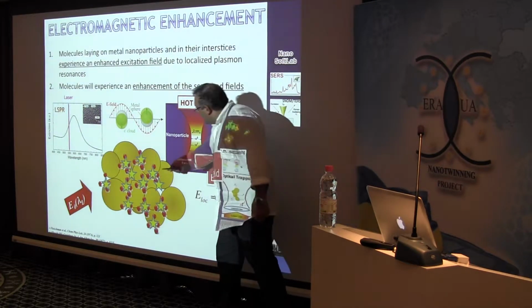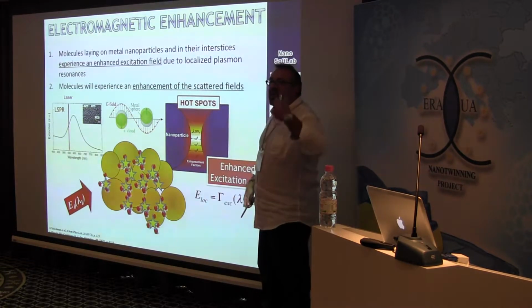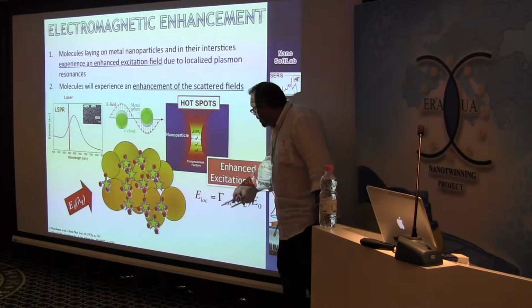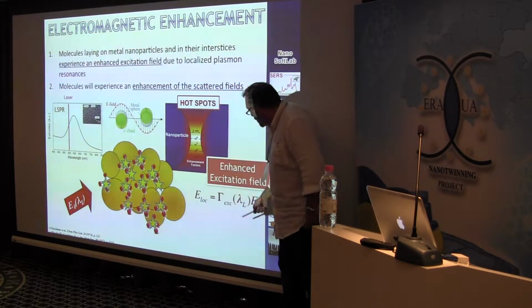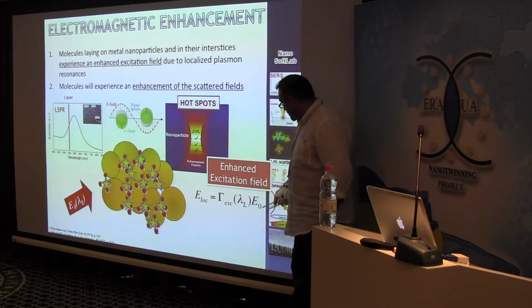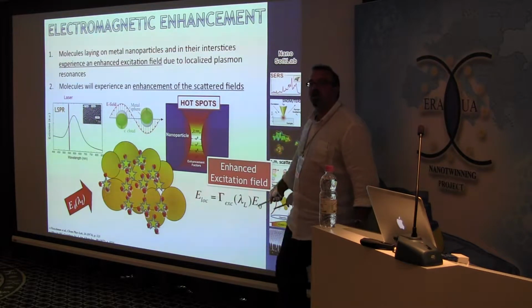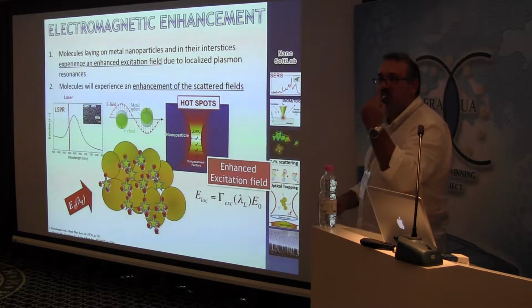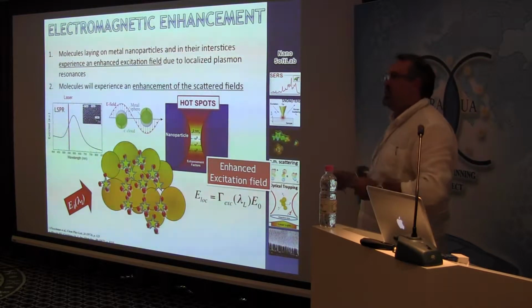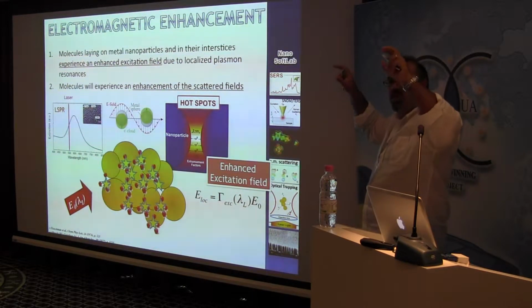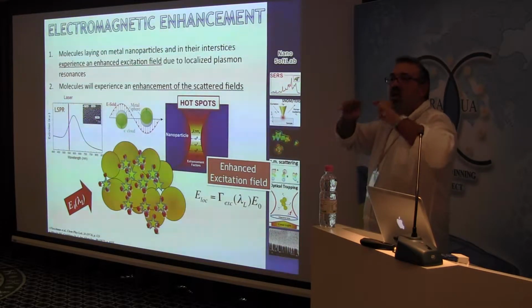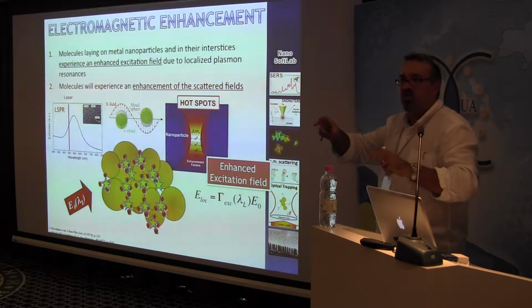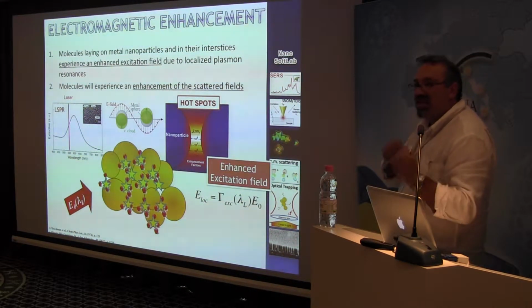So the molecules that are located at the hotspots will feel an enhanced field. The local field felt by the molecules will be gamma times the field that we are shining. So this is the first part of the SERS. We are amplifying the probe field. Instead of 1 photon per second, the molecule will feel 100 photons per second. So we are amplifying the excitation field.